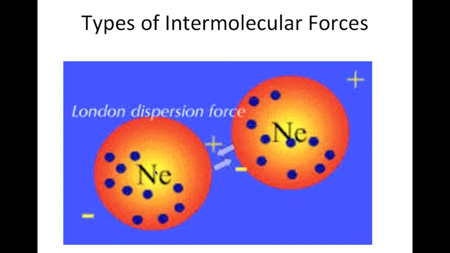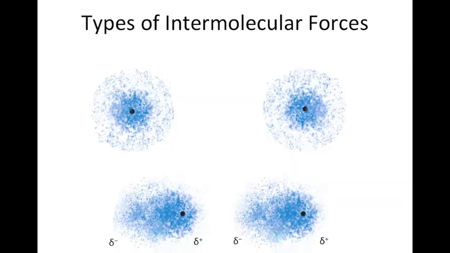When this neon atom gets close to another neon atom, it disrupts or pulls some of the electrons towards the partially positive region, and this induces a dipole moment in the neighboring atom. So then these atoms are able to attract one another. Generally, London dispersion forces are fairly weak compared to hydrogen bonds and dipole-dipole interactions.